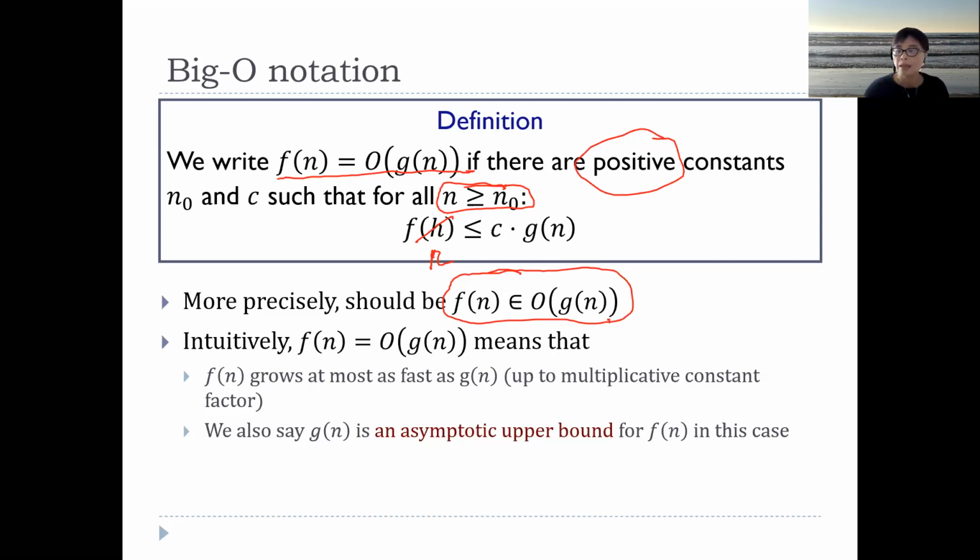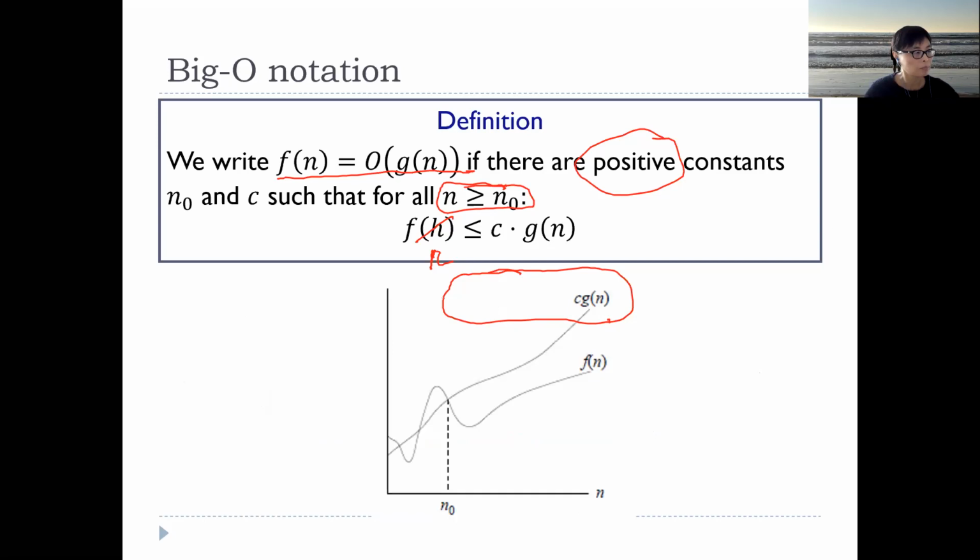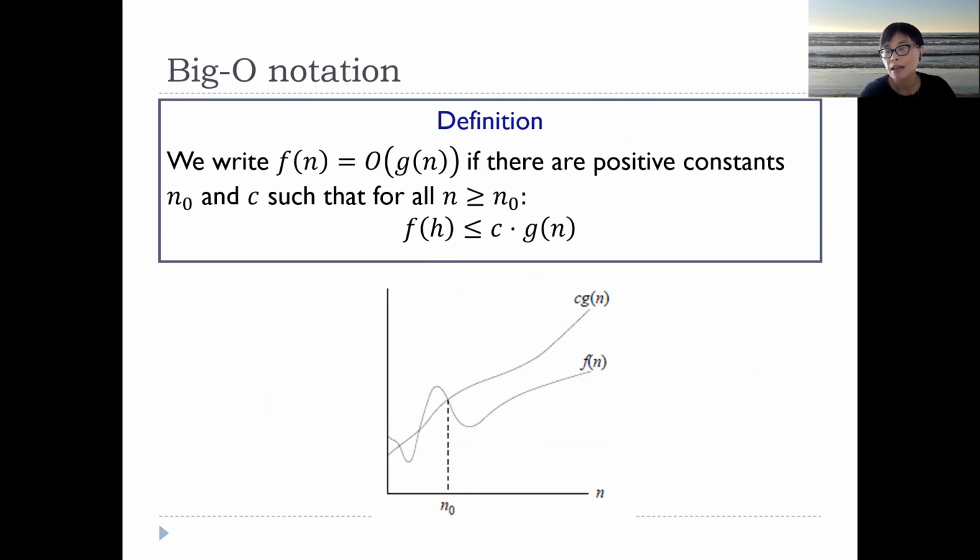Again, what this big O notation means is that f of n grows at most in the order of g of n, up to some constant. That's what it's saying. And we have this condition because when n is very small, we don't care so much.